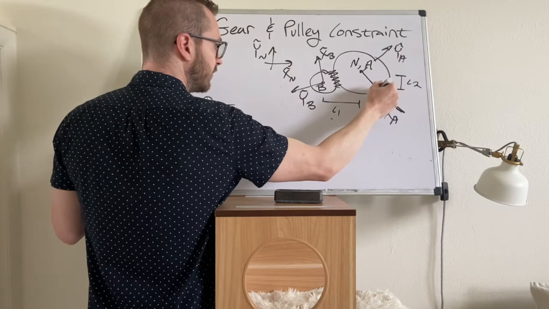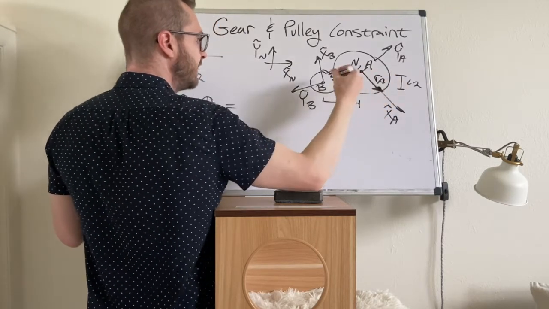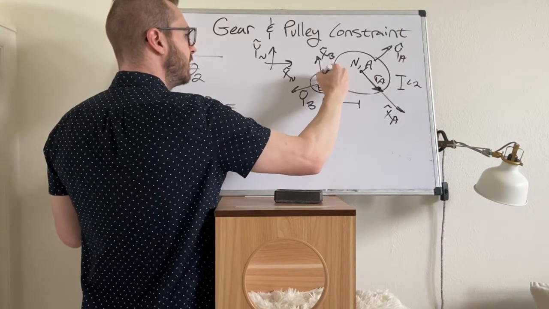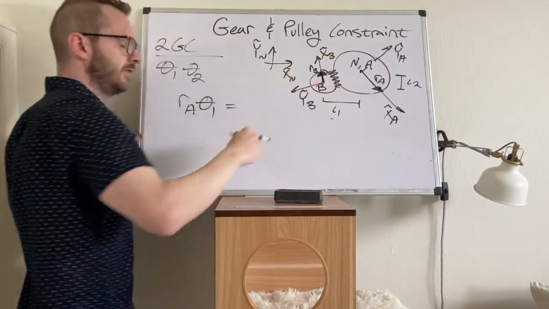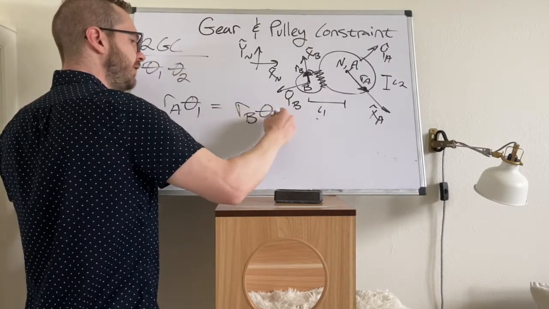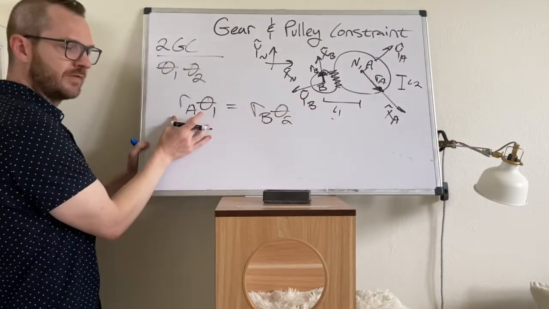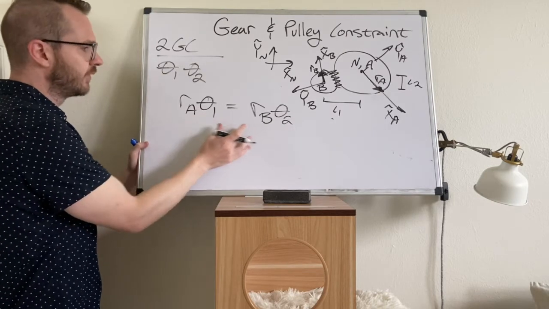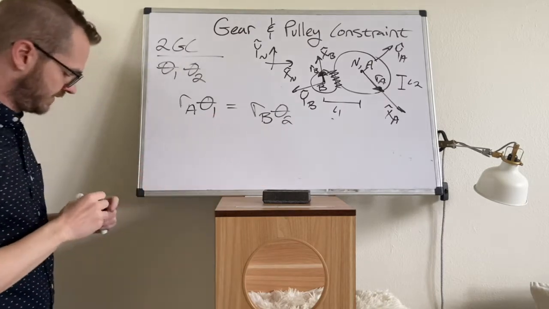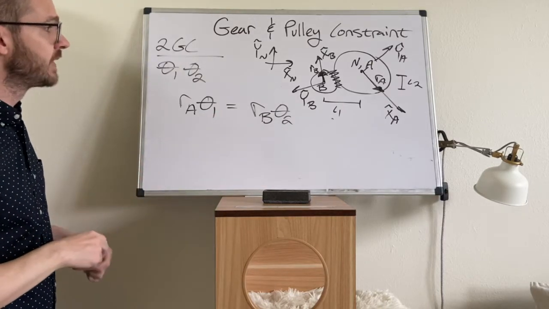We'll just draw it right there. That's fine. So there's the radius A, and then there is the radius of B, theta 2. So it's the radius of a gear with its respective angle, the radius of the other gear with its respective angle, and let's consider something.